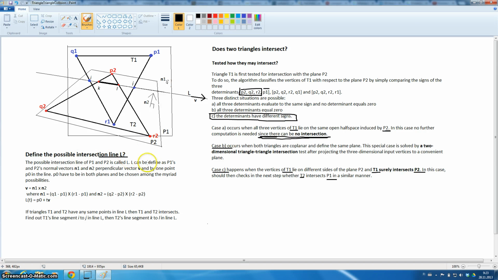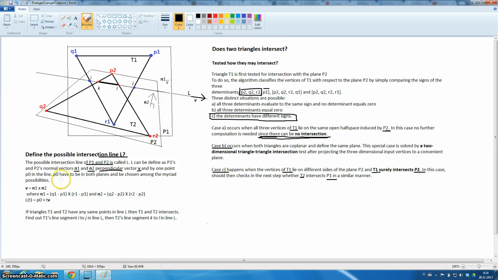the possible intersection line L should be calculated. The intersection of those two planes is called L, and that's how we get a normal vector, with those two normal vectors and their perpendicular vector v, which is shown here, that is the line vector.